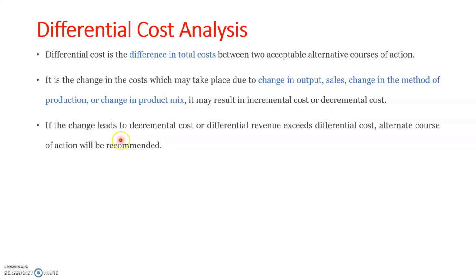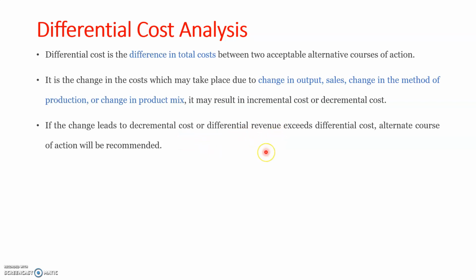If the new alternative course or the change in the level of output leads to a decrease in the total cost, that means it's beneficial, positive to the concern. Or the differential revenue exceeds the differential cost.